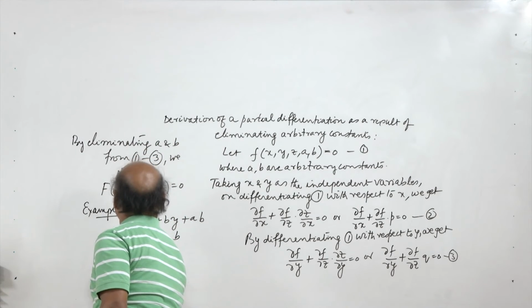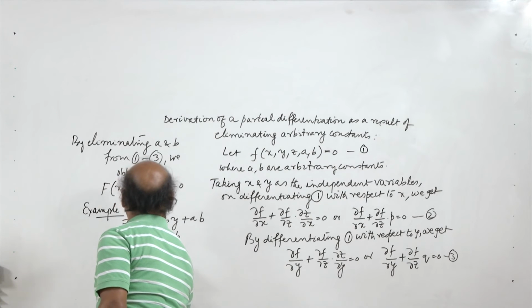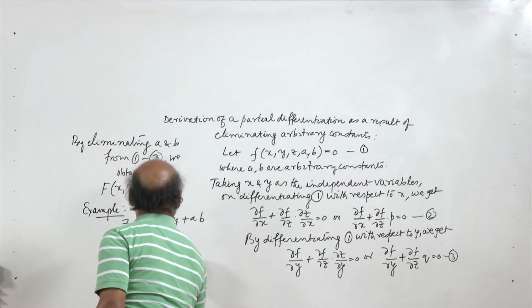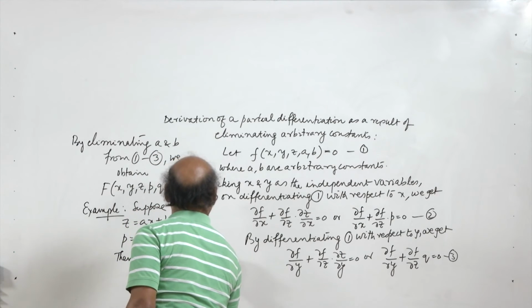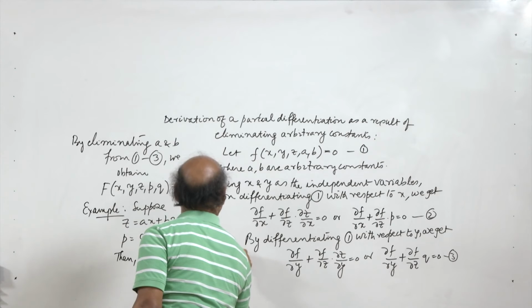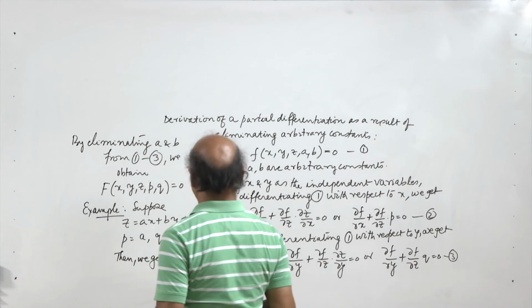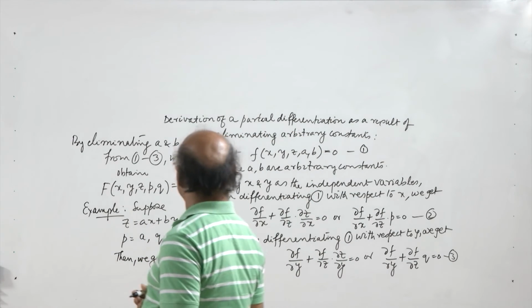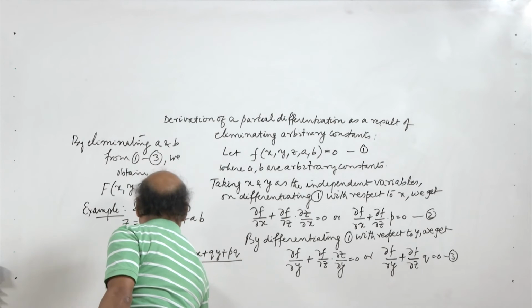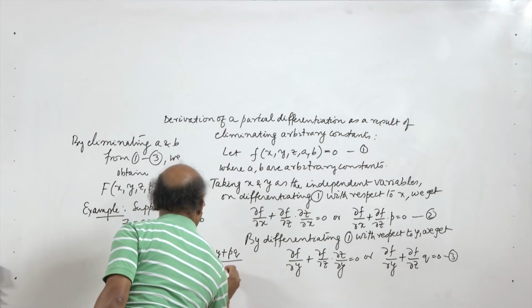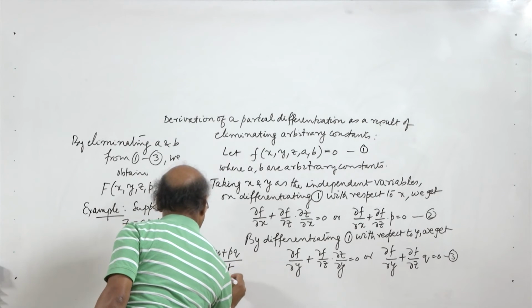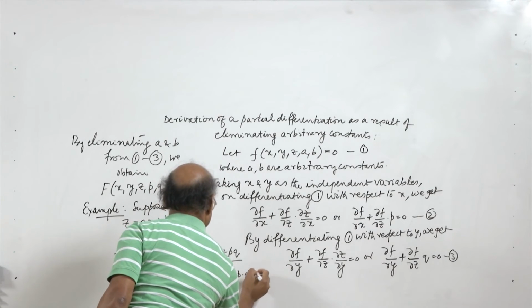So, then we get z equal to px plus qy plus pq, which is a first order partial differential equation.